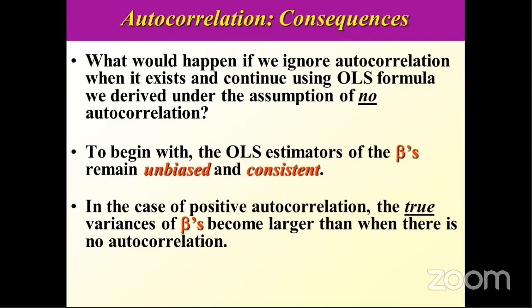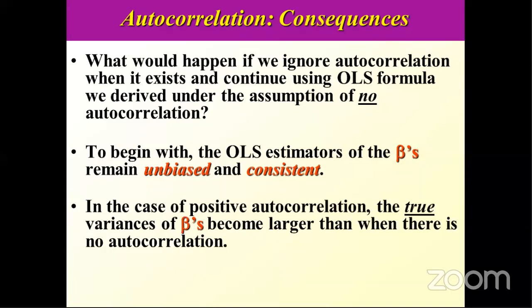These are some important properties. Because of these properties, we call our OLS estimators the best linear unbiased estimators. So out of those properties, our OLS estimators continue to be unbiased and consistent even if there is a presence of autocorrelation.